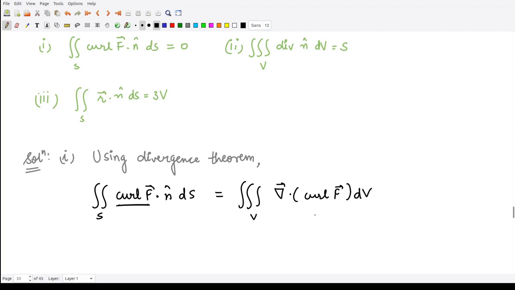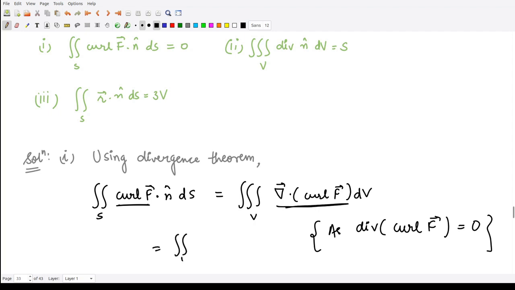And we know a property that the divergence of the curl of a vector point function is always equal to 0. Therefore, this volume integral would be calculated for the 0 vector, for 0 dv. So this would obviously be 0. So this is our first part.